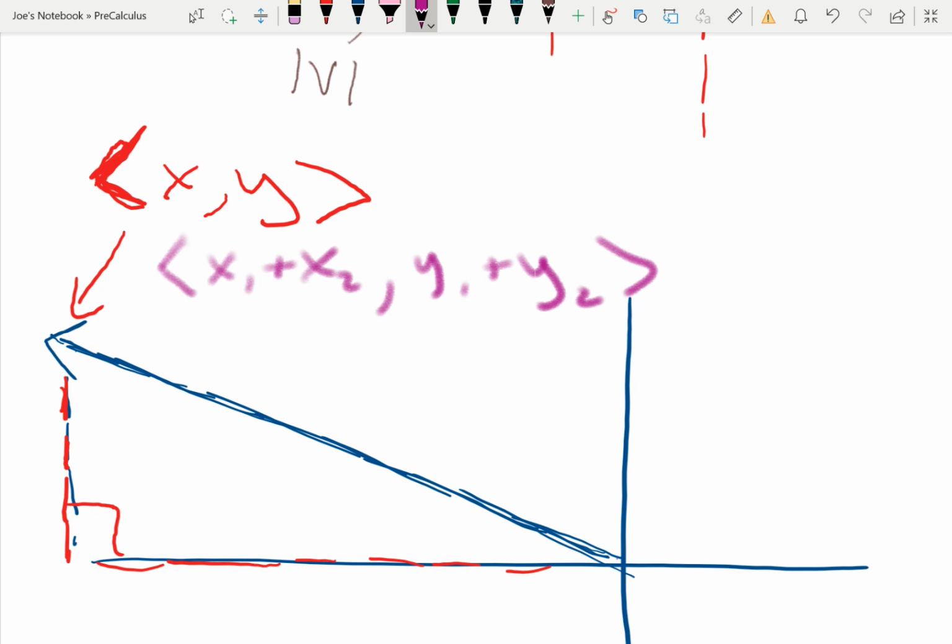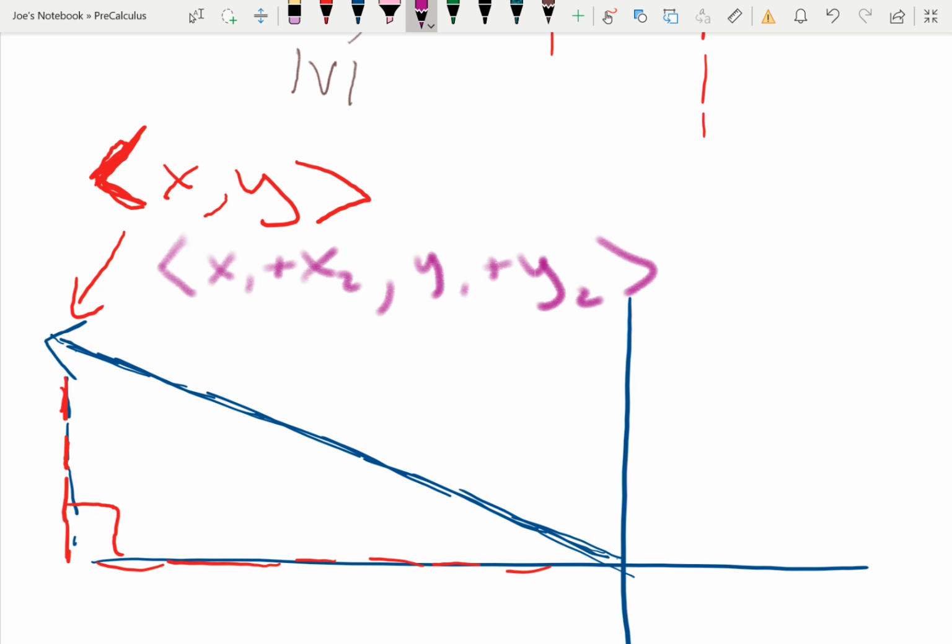Eventually we're going to get that x and that y. Once you know the x and the y, what 8th grade theorem can help me find the hypotenuse of a triangle if I know the legs?